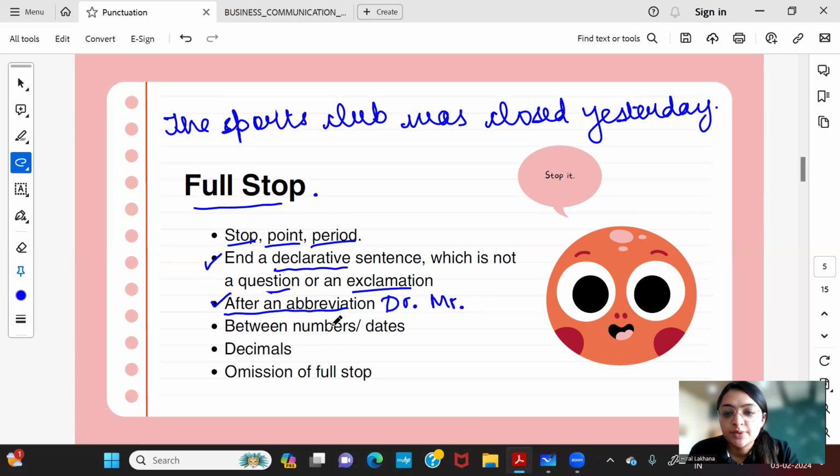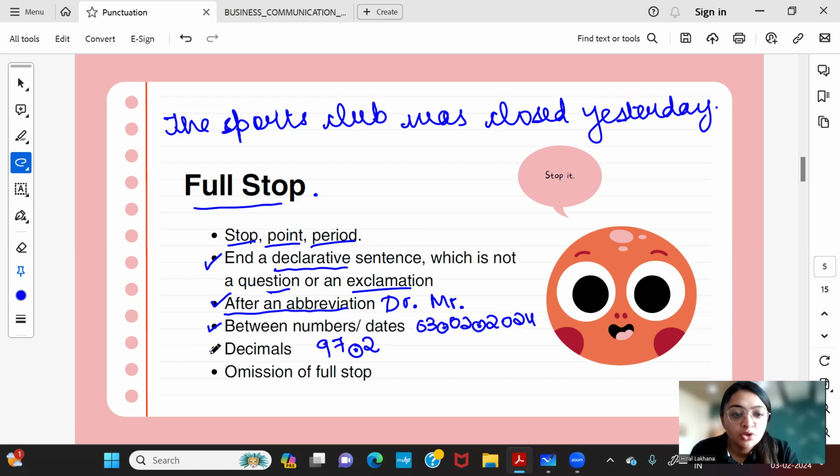Then it is also used between numbers or dates and decimals. So say, for example, if we want to indicate 3rd of February, 2024, we have also used the full stop right here. And even in case of decimals. So if I say she got 97.2%, the point in 97.2 is used in case of decimals.